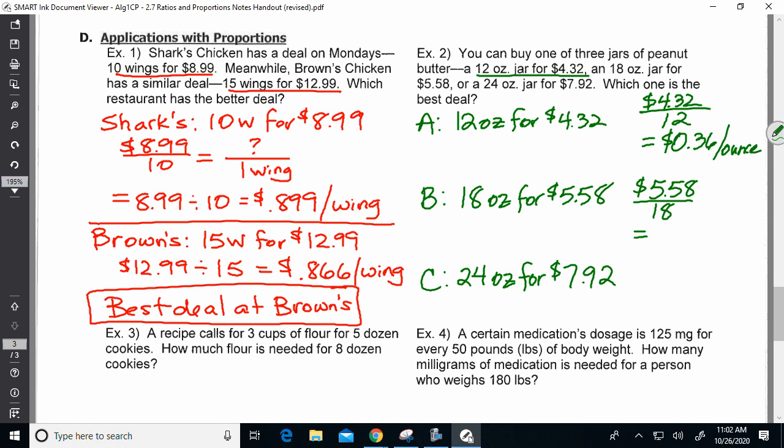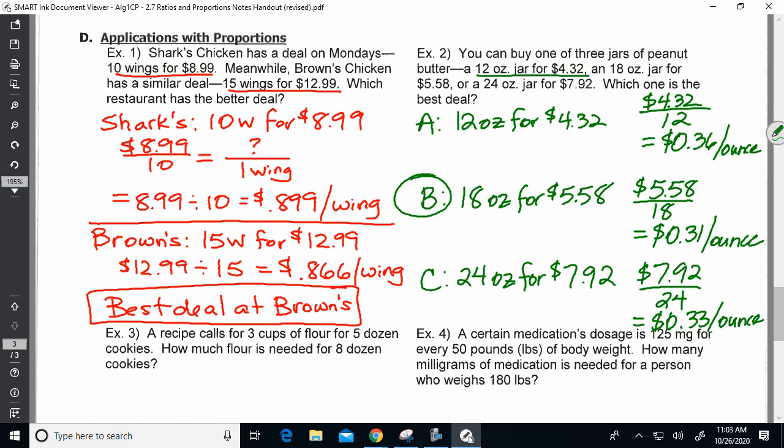How much am I paying for jar B? 31 cents. And then jar C, you got 7.92 divided by 24. 33 cents. So in this case, jar B is the winner. You're paying the least. So jar B is the better deal.